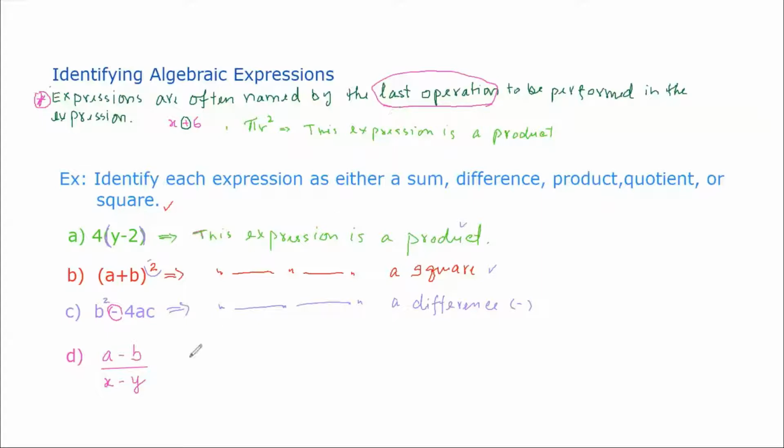Now the next example. What are we going to call this expression? You can observe which one is the last operation. We do a minus b first, and then x minus y, and then the last one is division, or quotient, correct?